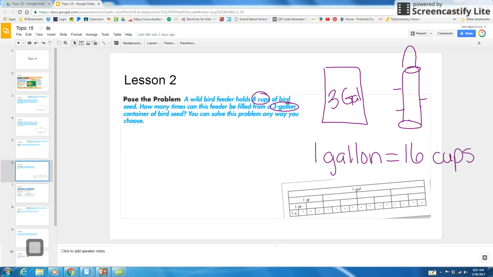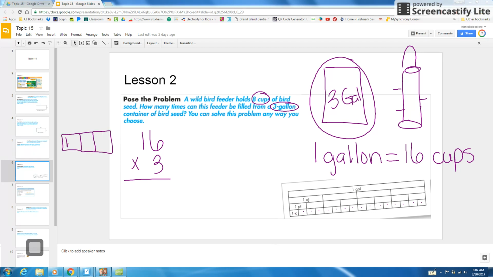I would say the best way to attack this is to figure out how many cups are in this 3 gallon bag first. So if I have 16 cups in 1 gallon, and I have 3 of those gallons, that would be like saying I have 1 gallon, 2 gallon, 3 gallon, 16, 16, and 16.